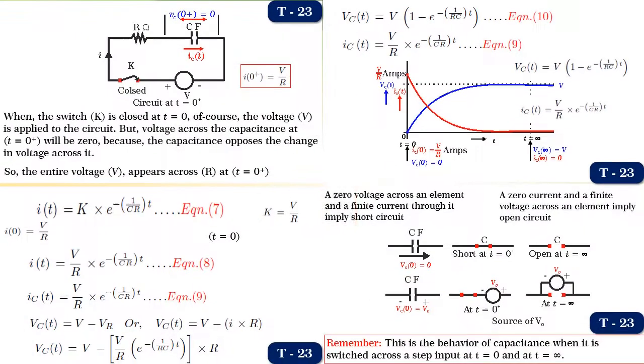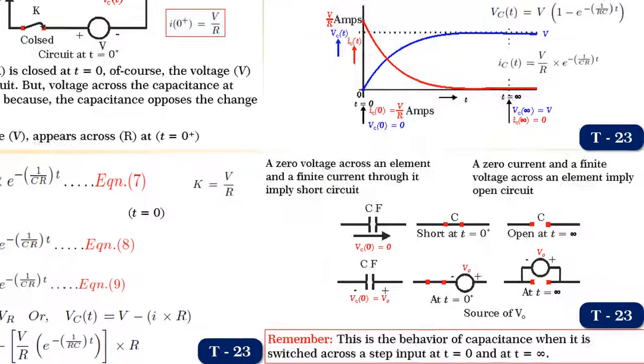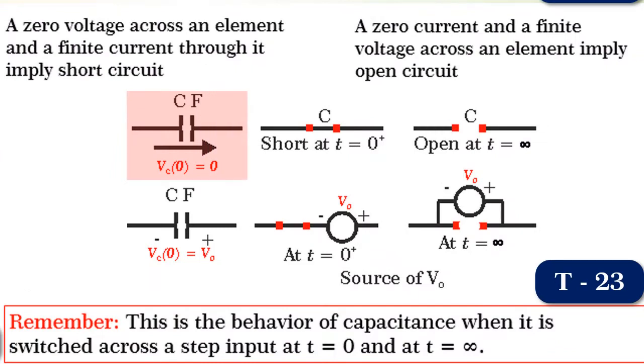We know that a zero voltage and a finite current imply short circuit. So, if the capacitor is switched across a step input at t equal to 0 and if Vc(0+) is 0, then the capacitor will behave as a short circuit at t equal to 0+.